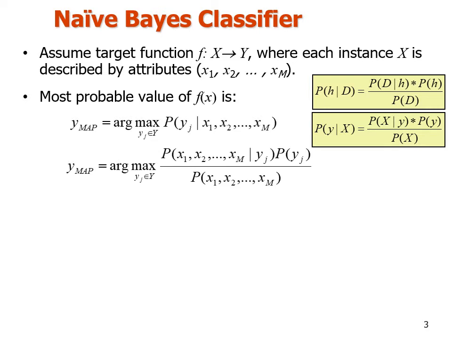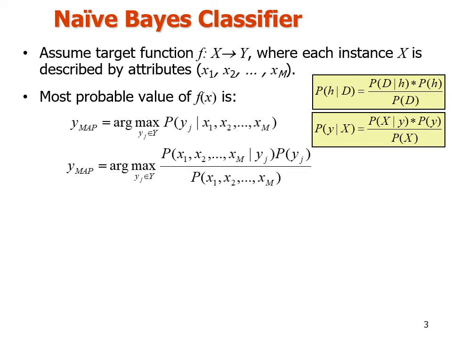Y map is equal to argmax over yj, that belongs to capital Y, probability of x1, x2 up to xm given yj into probability of yj divided by probability of x1, x2 up to xm.